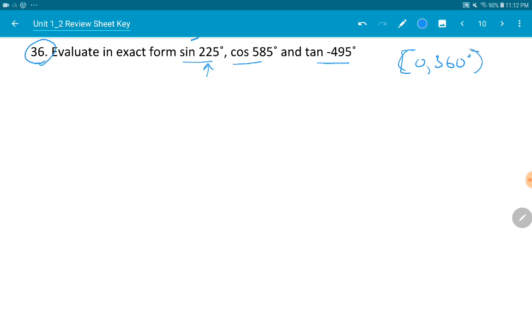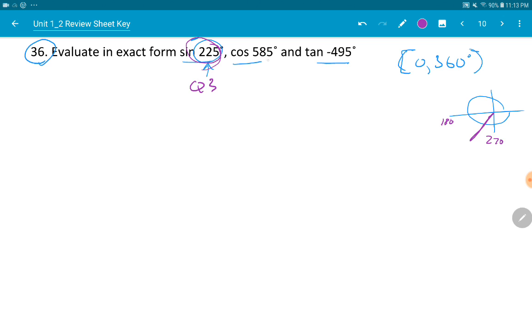So it's in our first circle around, and so you can figure out what quadrant they all land in. So 225 is already in the interval from 0 to 360. So that guy, 225, is right about here between the 180 and the 270. So he's in quadrant 3.